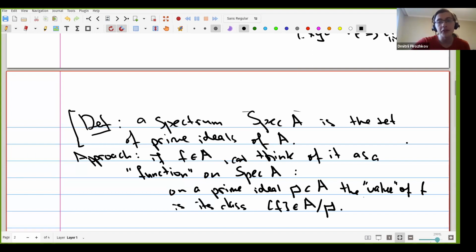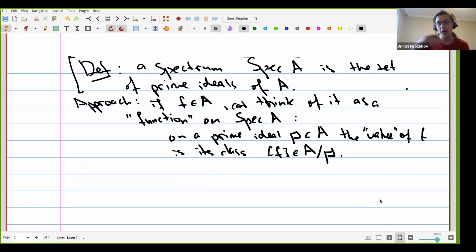So it's a very strange notion of a function. At any point, you have some result, which is something that functions do. But on different prime ideals, you get elements of just different rings: A modulo the first prime ideal, A modulo the second prime ideal, and so on.